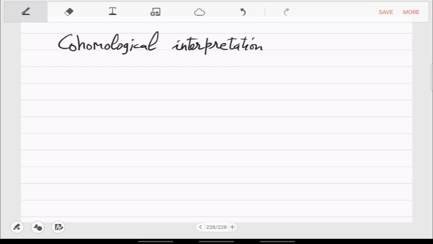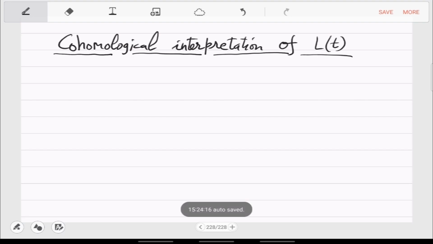So, cohomological interpretation of the L polynomial. Essentially what he observed with some very clever tricks is that this L polynomial is the characteristic polynomial of the Frobenius map.